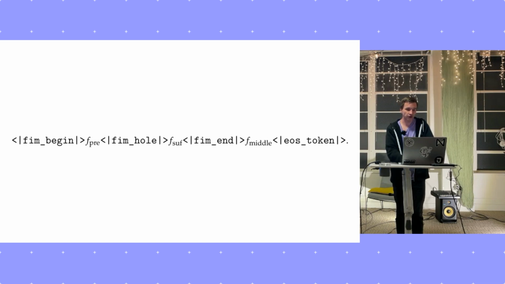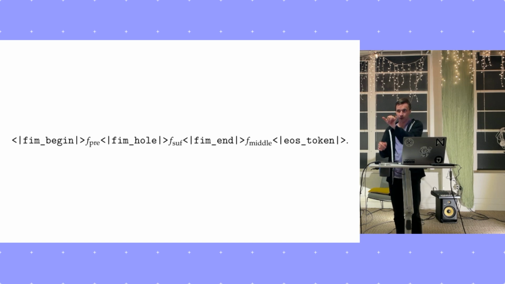One interesting thing that is not mentioned in the paper is that quite a few people, when they train FIM, swap the suffix and the prefix. The beauty of that is that you don't need a separate token between prefix and middle, because the middle is a natural continuation of the prefix.